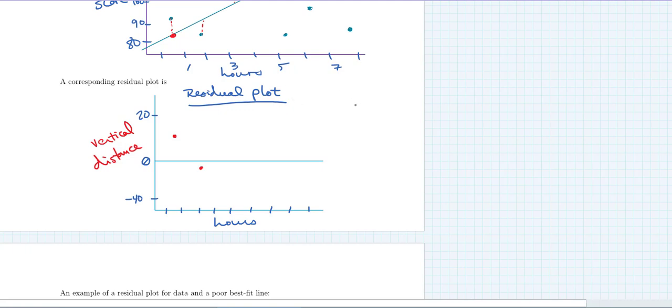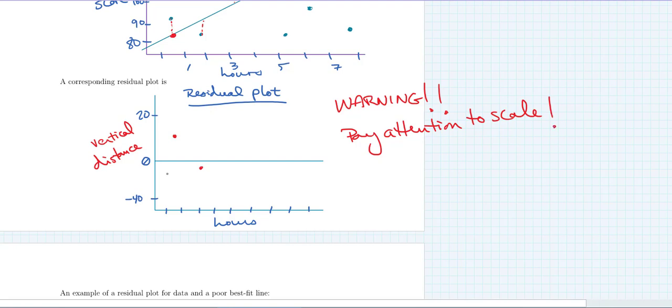One thing to note, I want to call it a warning, and I'm going to put it in big red letters: pay attention to scale. When analyzing a residual plot, you want to look at the scale here, because remember that this was -8 and that this is +10. Even if they look like they're close to being 0, they are far from being 0.